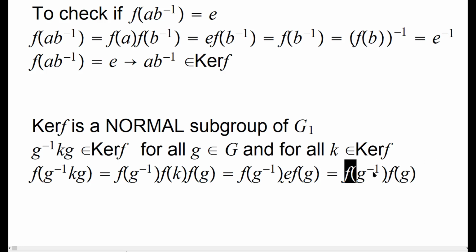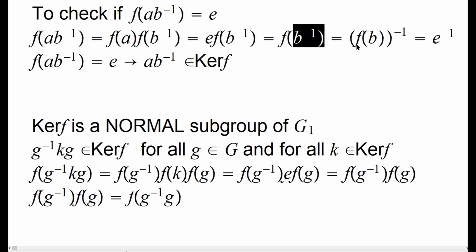Now we have two ways of handling that. One is this, and I think that will be easier. If you look at F of g inverse g, since this is a homomorphism, this is the same as this. Or we could have gone the way we did here, taking F of g inverse as the inverse of F of g, which will produce the same result.